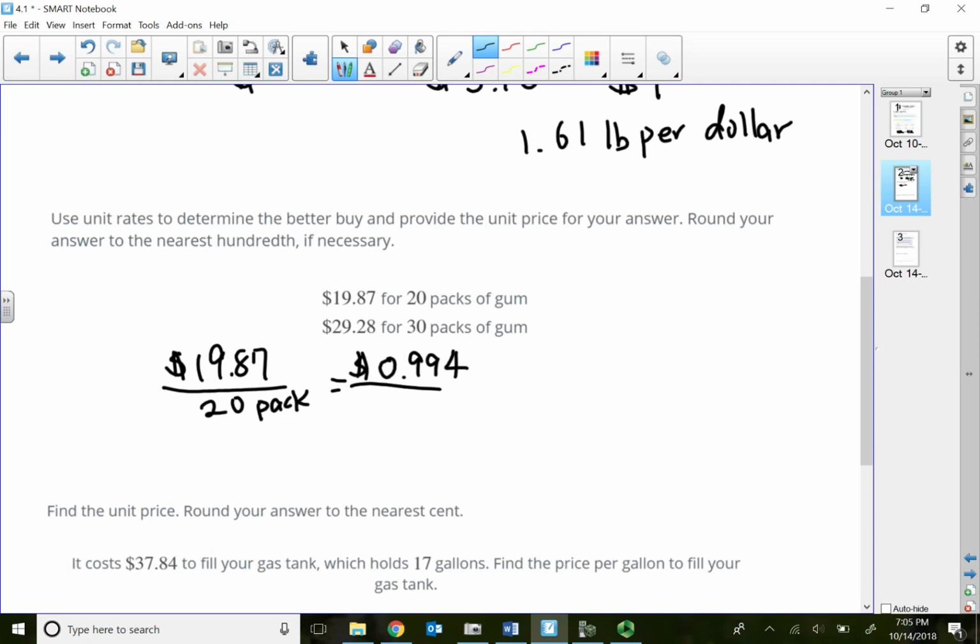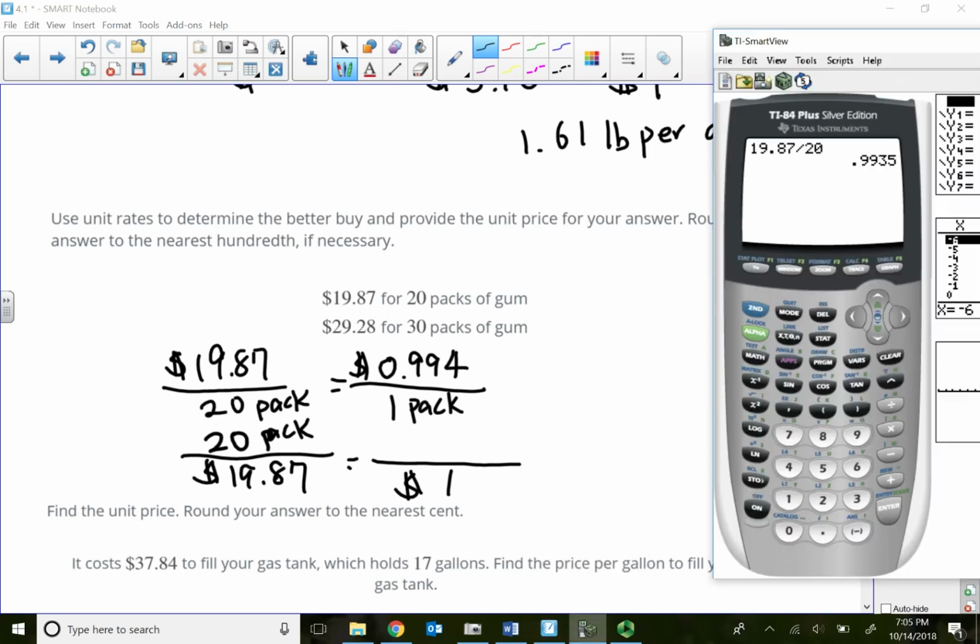$0.994 per pack, or we can go with 20 packs on the numerator and $19.87 in the denominator, which will be per dollar.